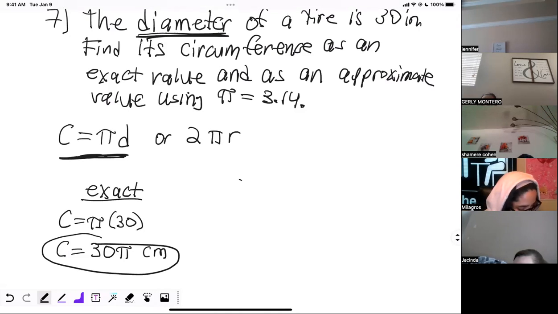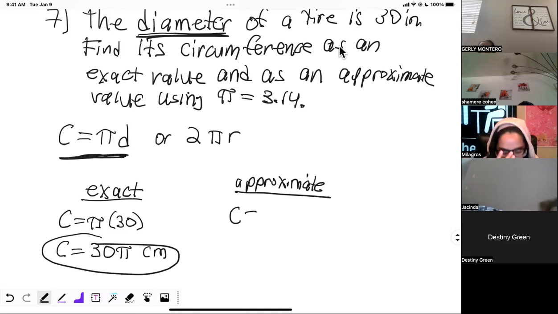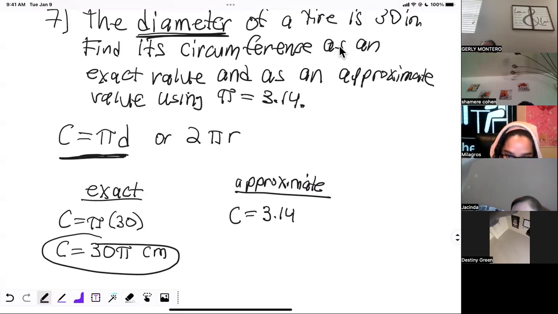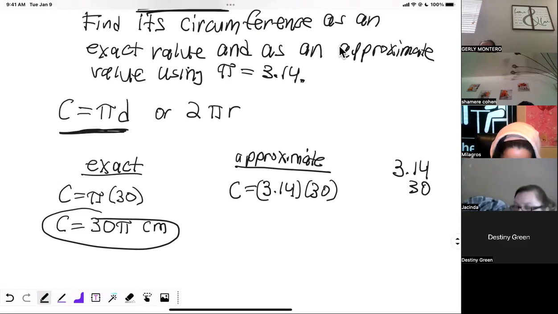Now, approximate would be C equals 3.14 times 30. So now we have to do our multiplying. 3.14 times 30. That would be 0, all zeros, right?